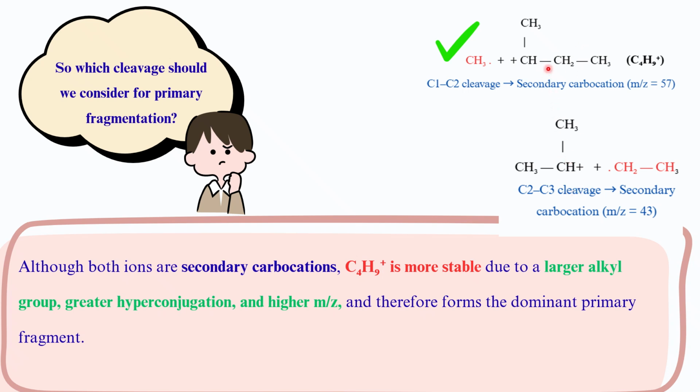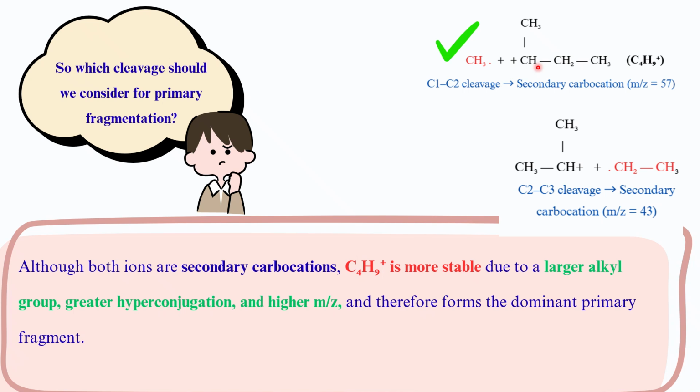This means I should go either this way or this way. So which one should I select between these two? You select where the cation is more stable. Here it has more alkyl or carbon groups attached, which are strong electron donating groups, and a carbocation is an electron deficient species, so it needs more electrons to stabilize itself.